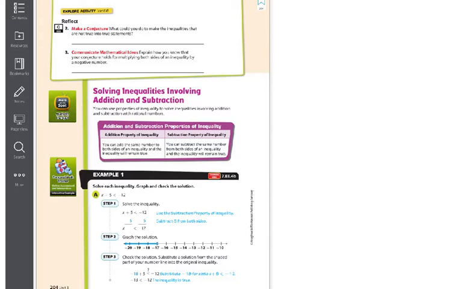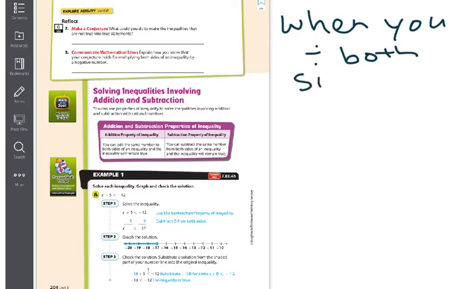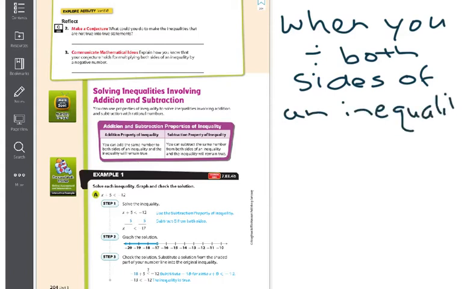So take notes, do whatever you need to do, but when you divide both sides of an inequality, I'm sorry, it's kind of messy. I'm using my finger because I don't have my stylus.